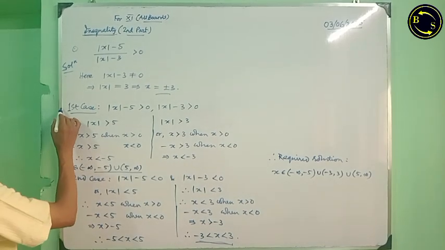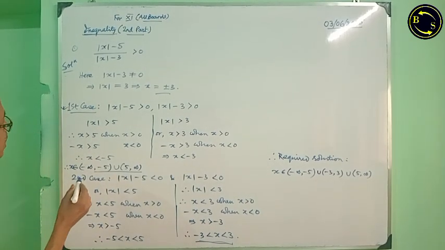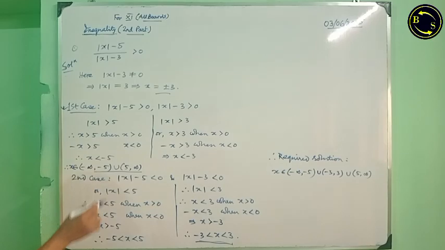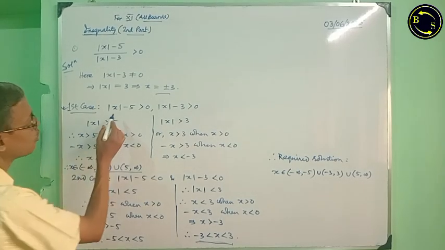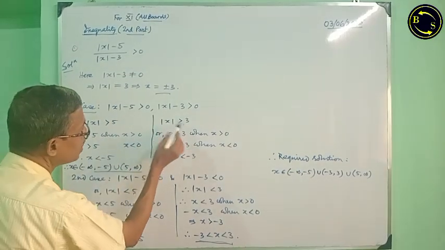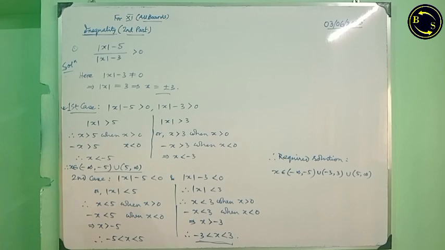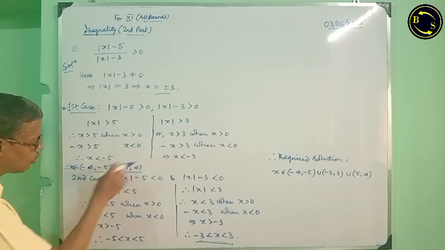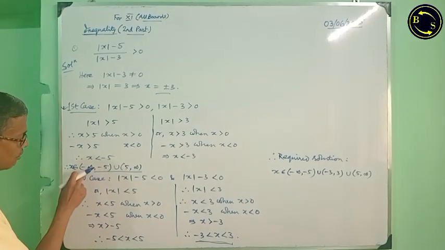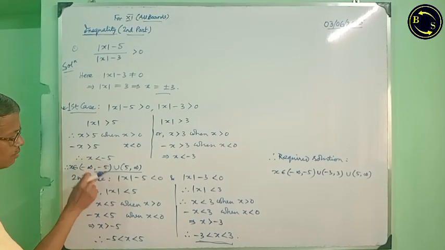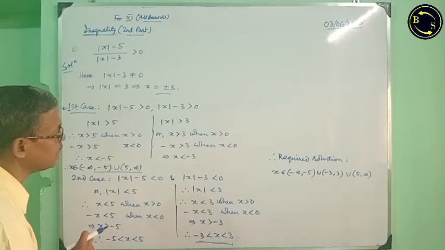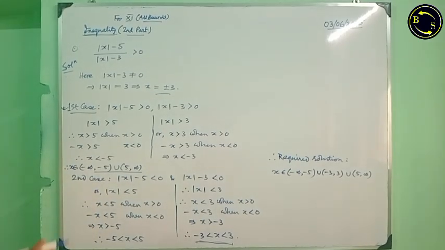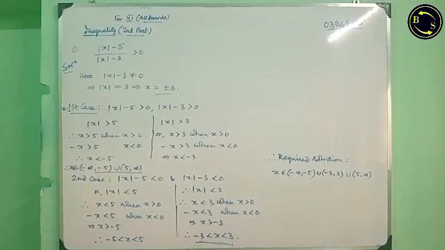When we, I repeat actually, when we consider the first case, we first note mod x greater than 5, mod x greater than 3. From that, the solution region will be actually common for this case: minus infinity to minus 5, 5 to infinity, union of these two intervals.